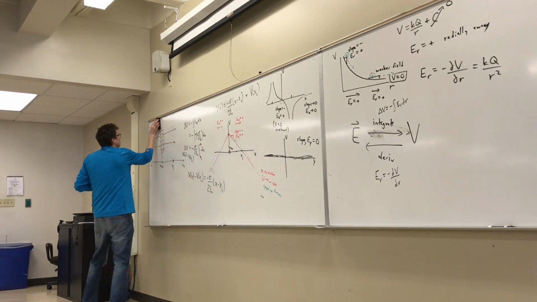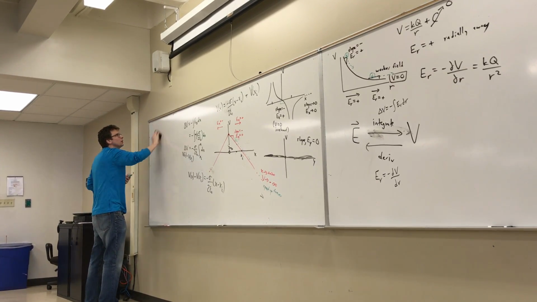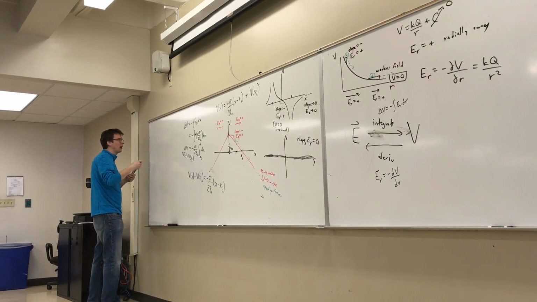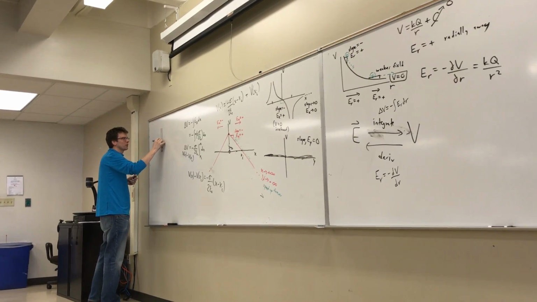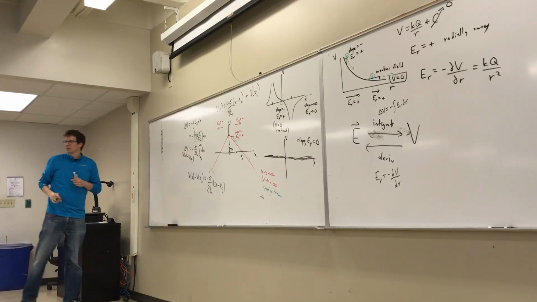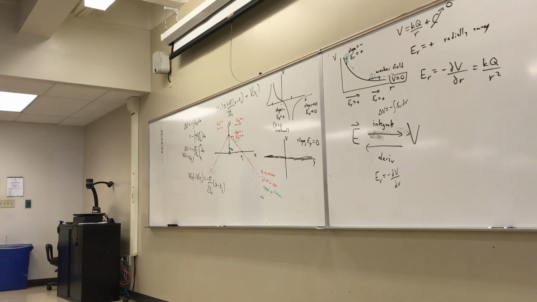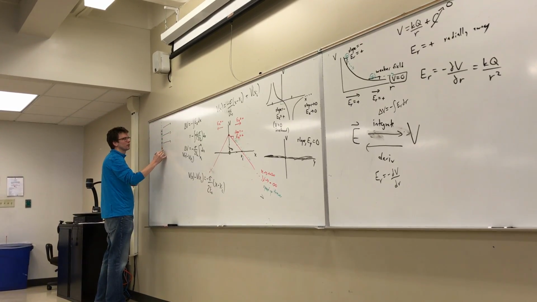The next thing I want to do is the infinite line charge. This is also on your homework. And the reason I'm doing it is because I want to show you everything that has a little bit of a twist, okay? So this one, we of course know it looks something like this.